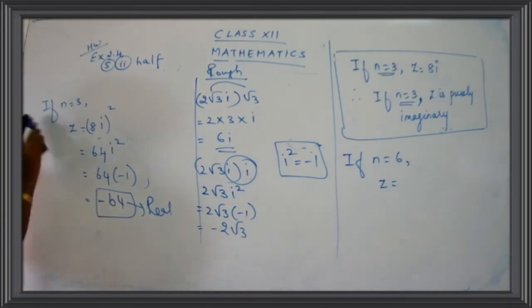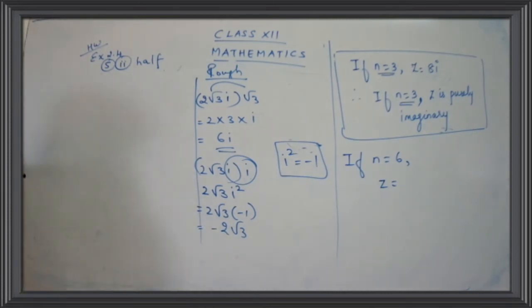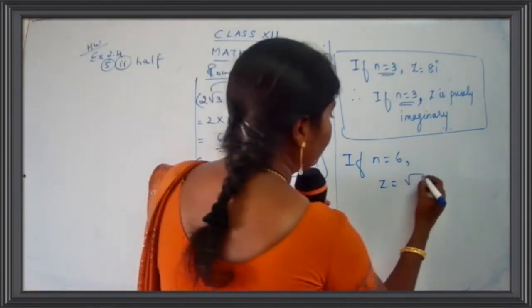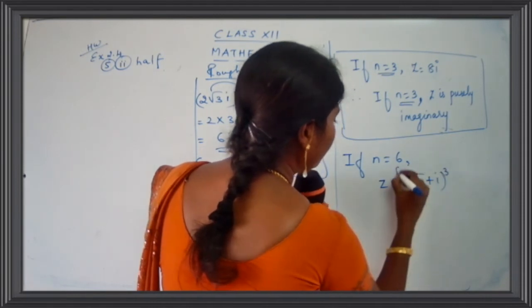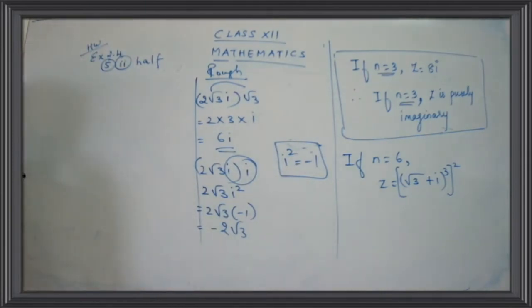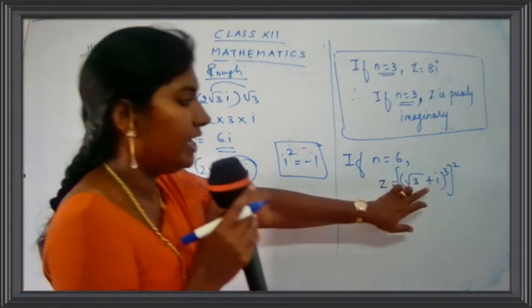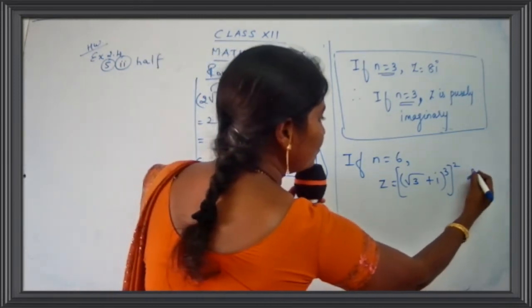So let's see how to complete our answer. If n is equal to 6, z is equal to root 3 plus i, the whole cube, the whole square. I have presented this in a different manner. Instead of writing directly 6, I have written it as 3 into 2. That is, it is in the form of a raised to m, the whole raised to n.